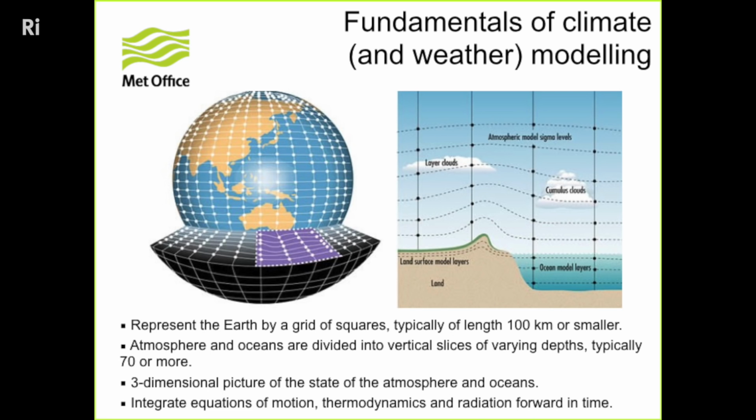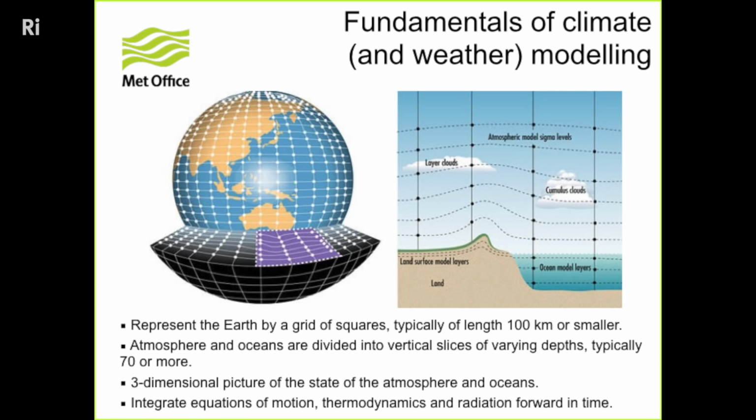Typically for a climate model the horizontal scale of the box is about 100 kilometers or smaller. What I showed you just now was a 12-kilometer grid square over the whole surface of the Earth, and we slice the atmosphere up into a number of layers of varying depths, and we typically have 70 or more. Our current model has 85.